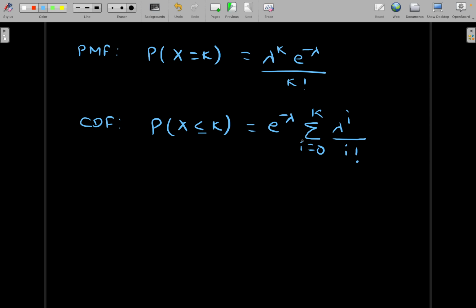This is the CDF and the PMF of the Poisson distribution. So you can derive these two things mathematically.